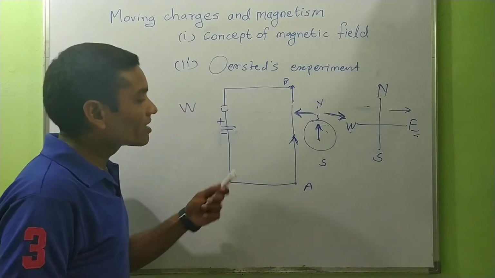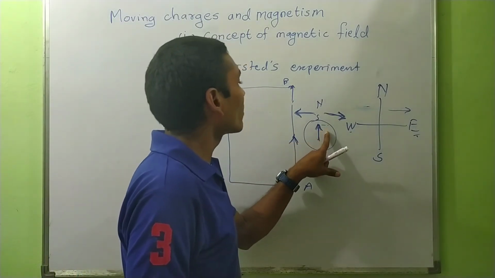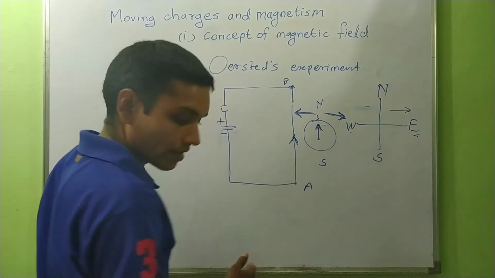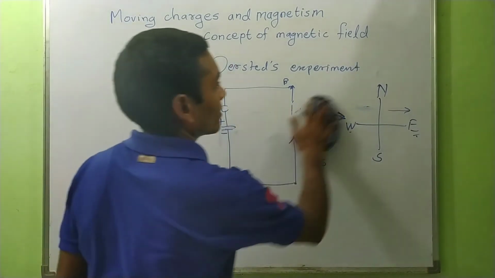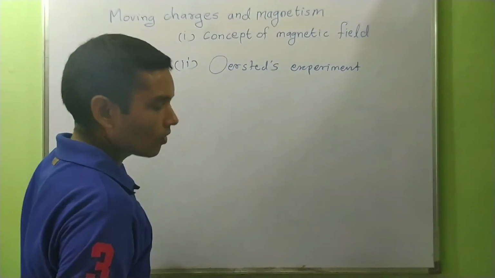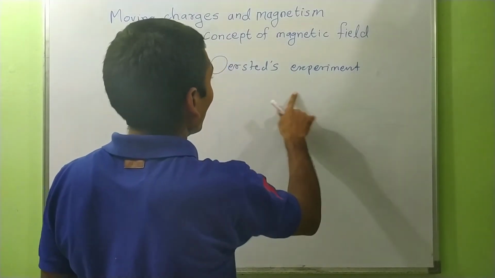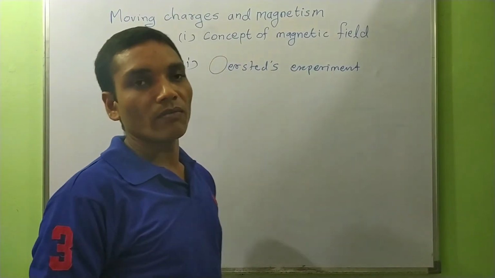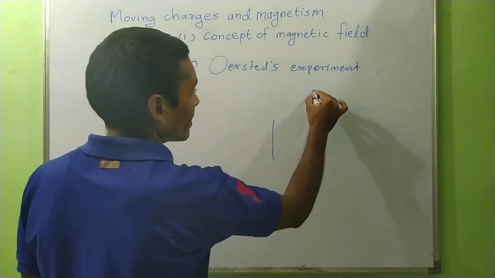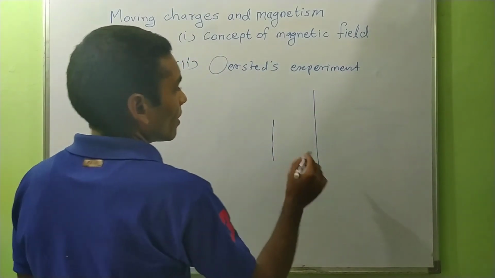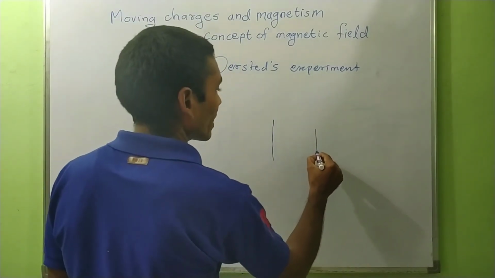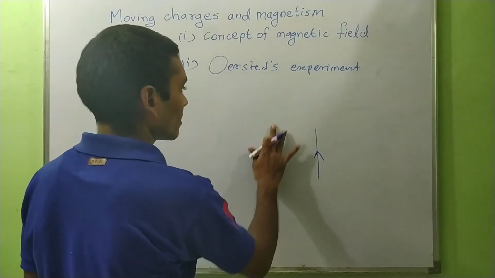In which direction will the north pole of the magnetic needle deflect when current is flowing through the conductor in any direction? So according to Ampere's swimming rule, let this be the conductor, and the direction of current through the conductor is along this direction.